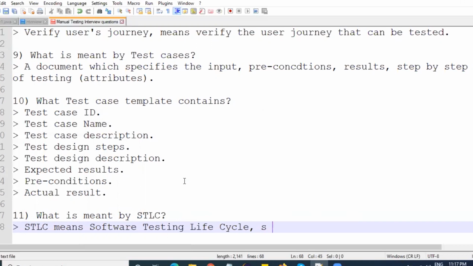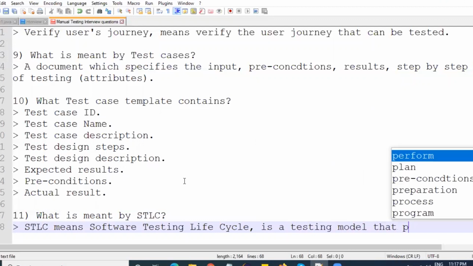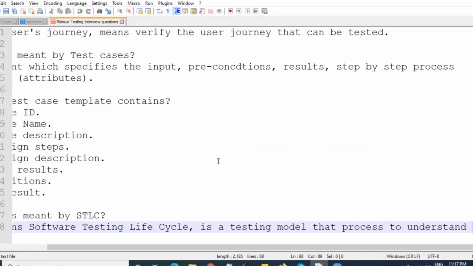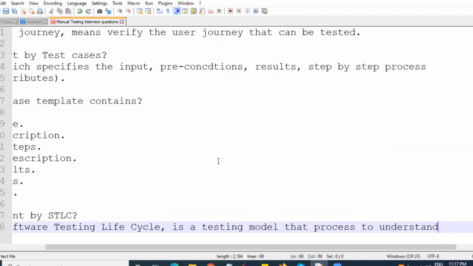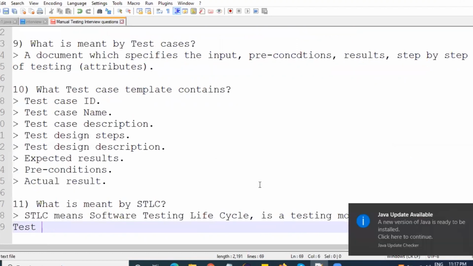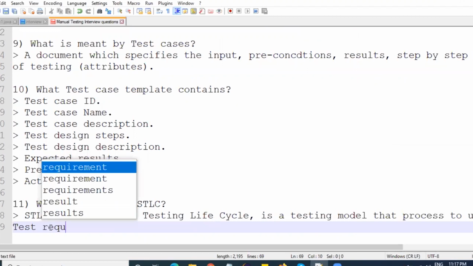It is a testing model, a process to understand what the user needs, that means to understand the test requirements from the customers.